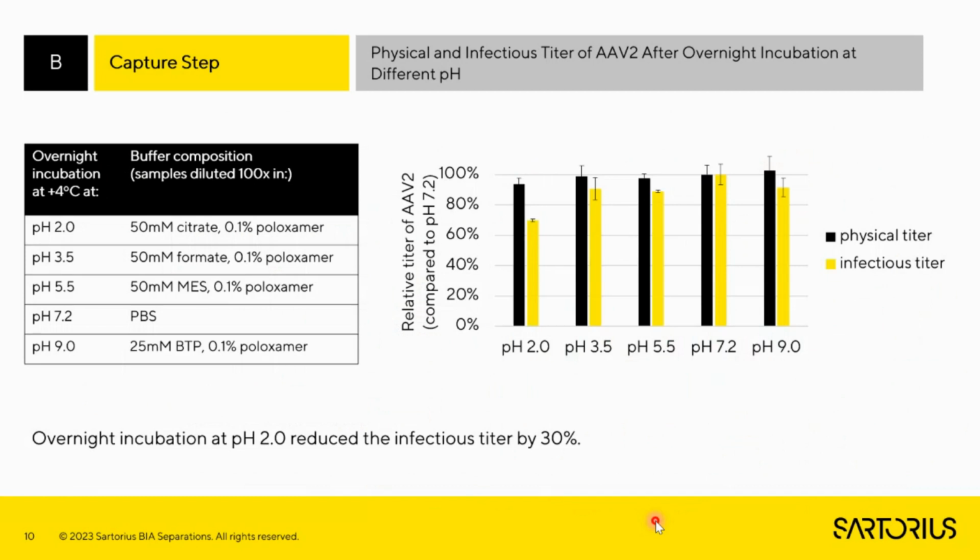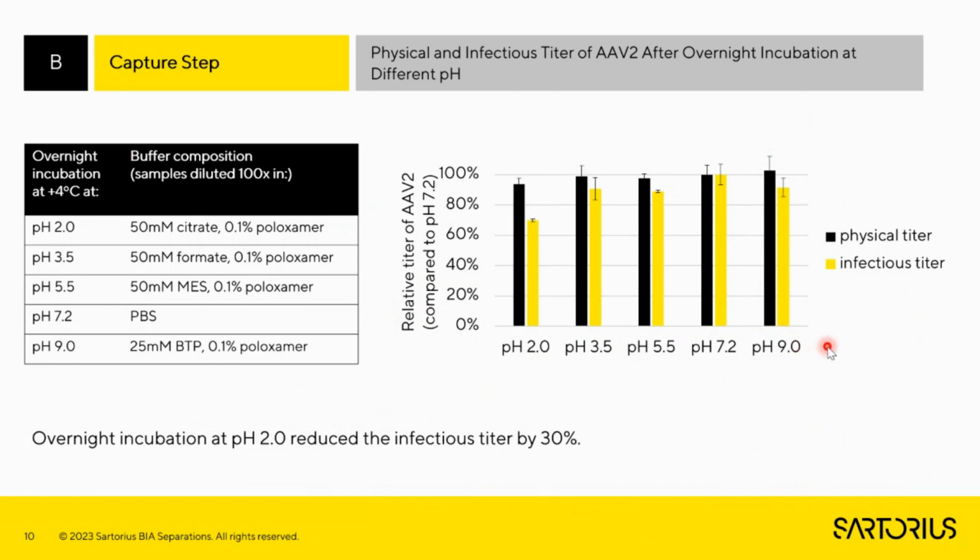Still having this in mind, so how we prep from affinity to QA. One thing that we've also done in the case of AAV2, we looked at the physical titer measured by PCR versus the infectious titer by infectivity tests. And we used the different pHs that are usually used during downstream processing.